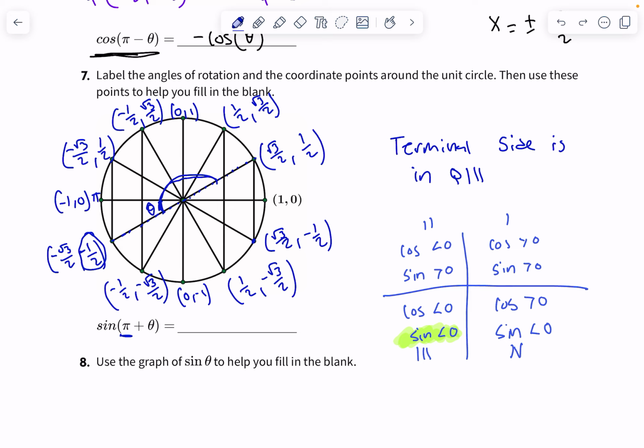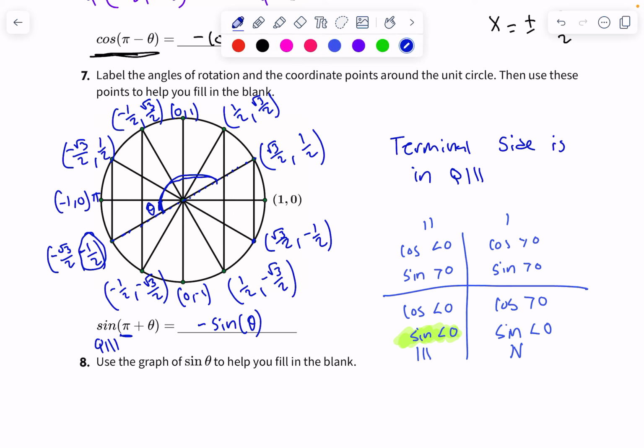It puts you in a quadrant that is what? Diagonal from where you are. So what do we see here? It has an opposite what? An opposite sign, right? So if we're talking about quadrant 3 here, this is equal to negative sine of theta.